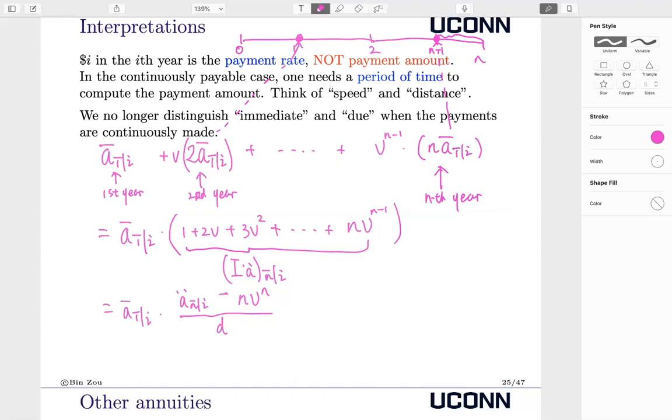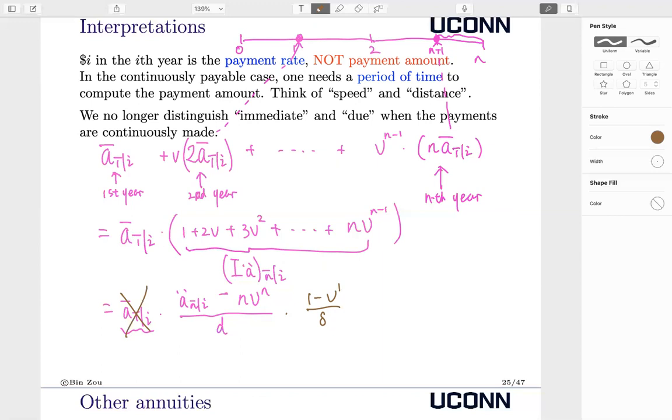Okay, so the next question is, what is this guy? This is just 1 year. So let me cross it out and replace it. It's 1 year, so I don't need to, well, if you want, you can put 1 here. And I divide by delta because this is continuously payable, right?